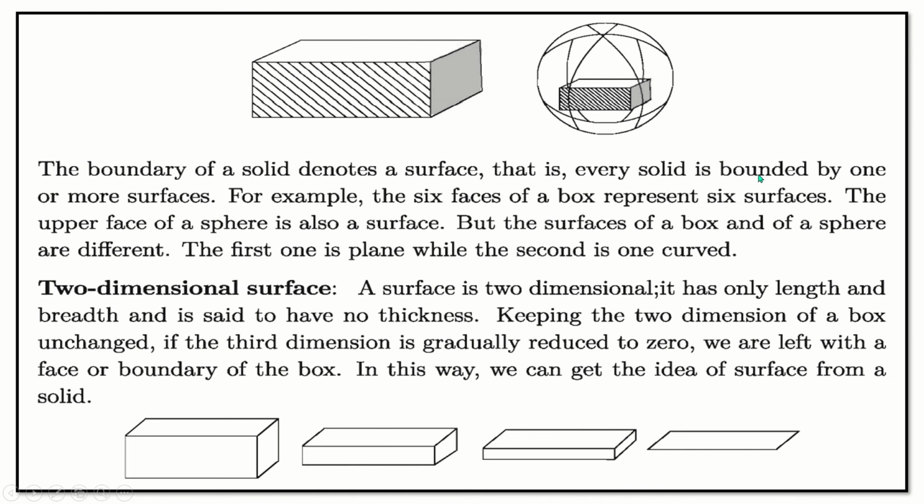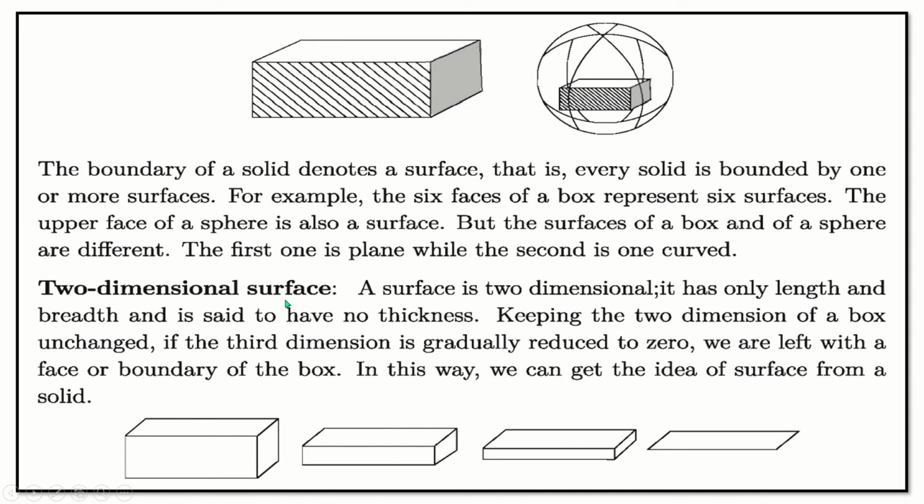That is, every solid is bounded by one or more surfaces. For example, the 6 faces of a box represent 6 surfaces. The upper face of a sphere is also a surface. But the surfaces of a box and a sphere are different. The first one is plane, while the second one is curved. Clear?